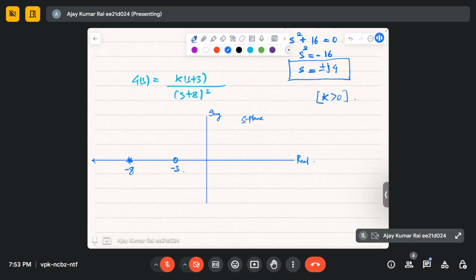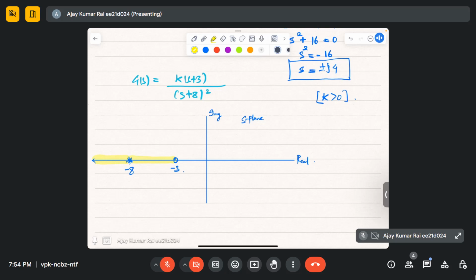On the real axis, root locus will exist here, because there are 2 poles and 1 zero on the right-hand side, total 3, which is odd. Root locus will also exist here, because there is only one zero, and 1 is odd.